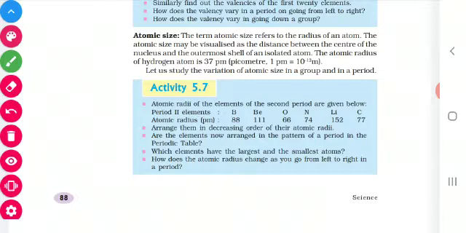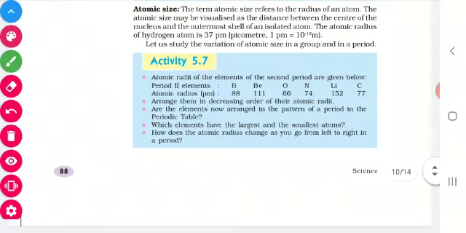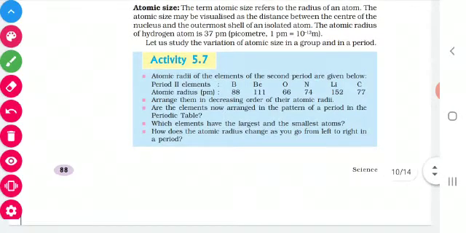For this, come to activity 5.7. See, the atomic radii of the second period are given. Period means left to right. Beryllium 88 pm. pm means picometer. Picometer means 10 power minus 12, that is 1 by 10 power 12 of a meter.